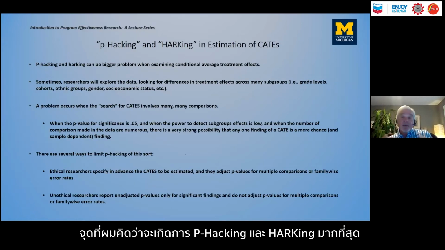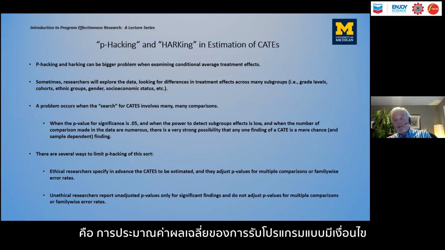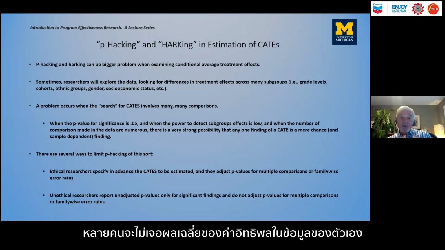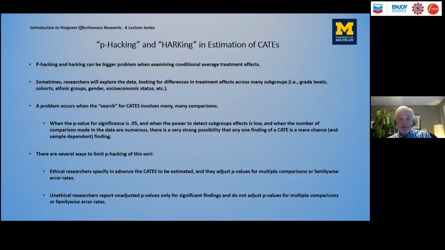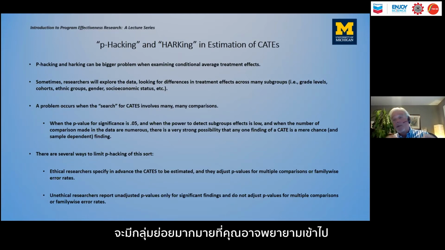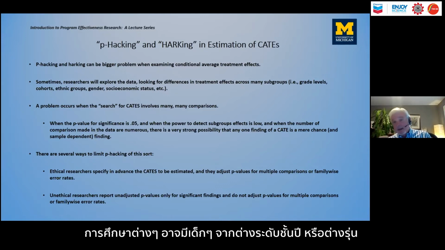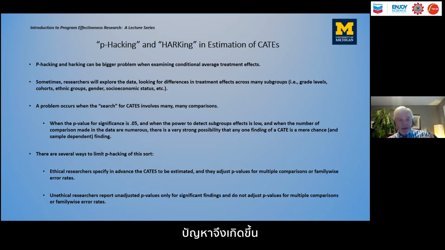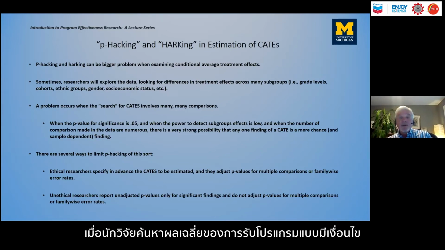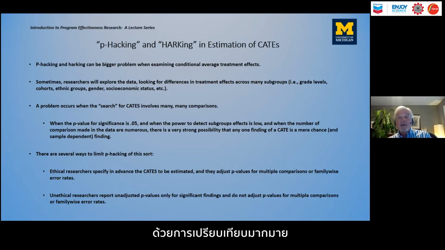The biggest place I think where p-hacking and harking go on is the estimation of conditional average treatment effects. So a lot of people won't find an average effect in their data, an overall effect, so they'll go fishing for differences in subgroups. But any given study has any number of subgroups that you might try to go looking for conditional average treatment effects. Study might have kids from different grades or different cohorts or different ethnic groups or different genders or different social classes. And so a problem occurs when researchers search for conditional average treatment effects by conducting many, many, many comparisons.